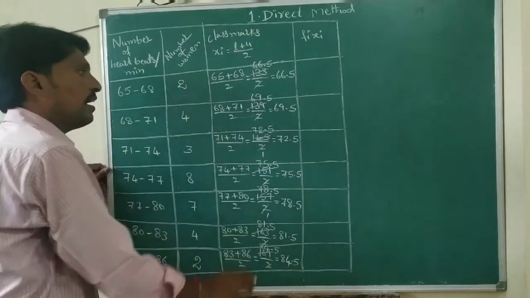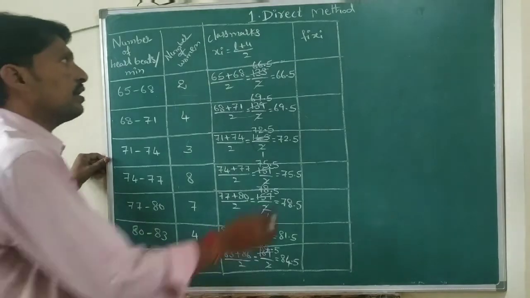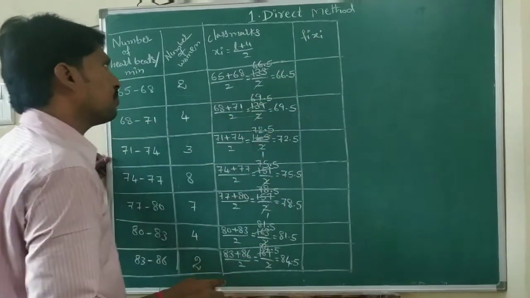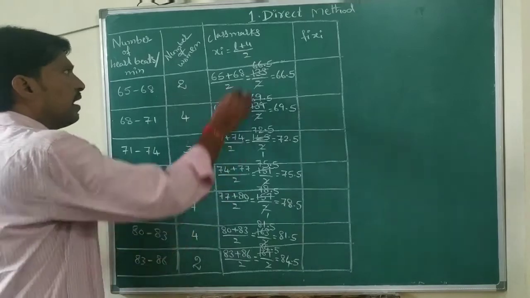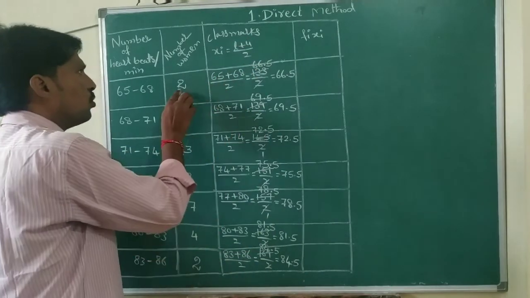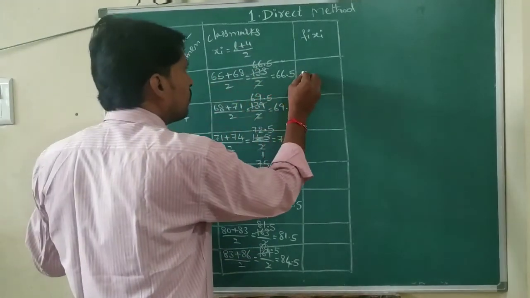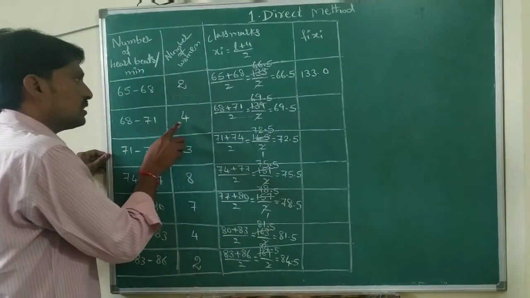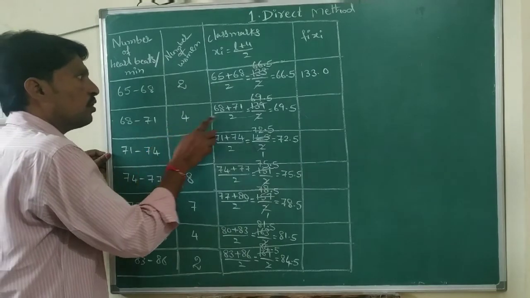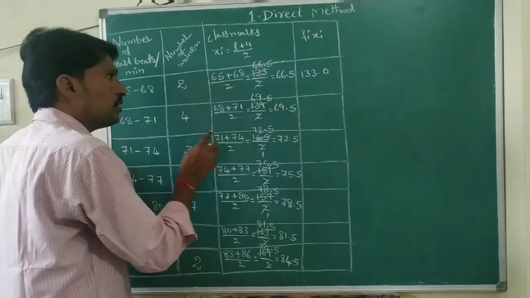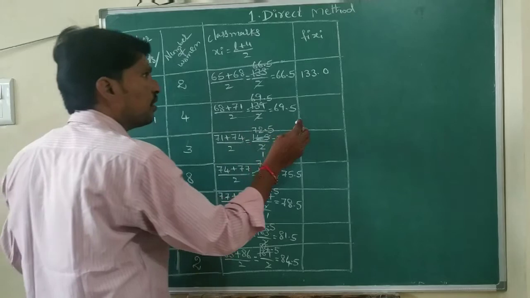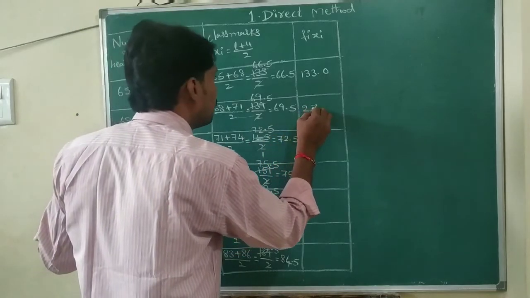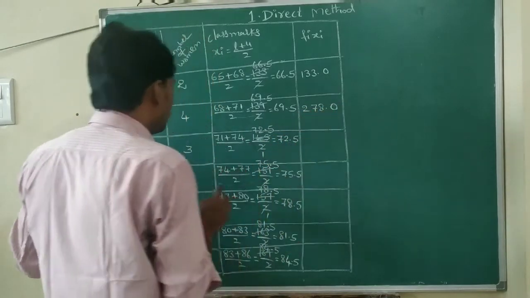Now we have got all the xi's. Now we need to take fi and xi: fi means frequencies and xi means class marks. 2 into 66.5 is 133.0. Next class interval, fi is 4 and xi is 69.5. 4 into 69.5 is 278.0.